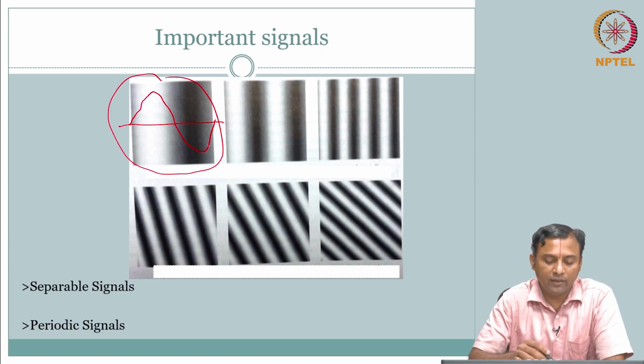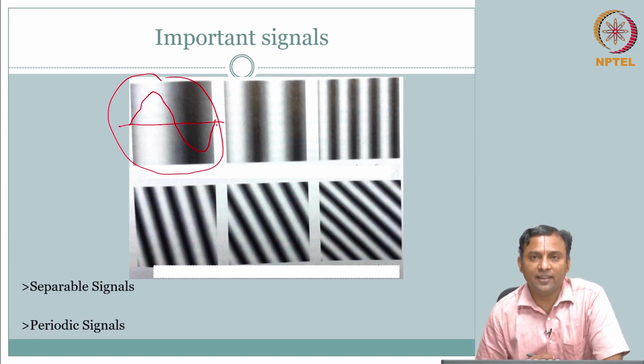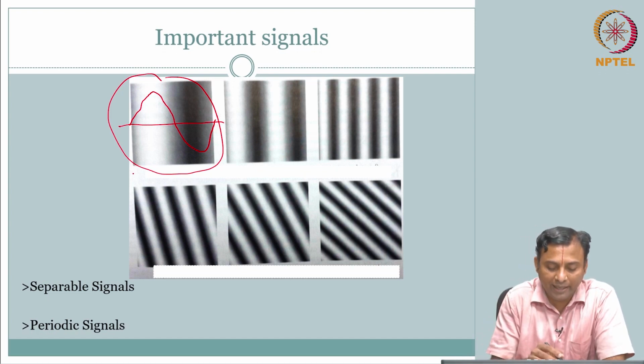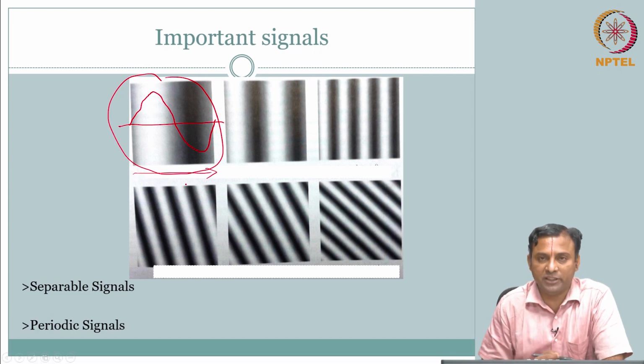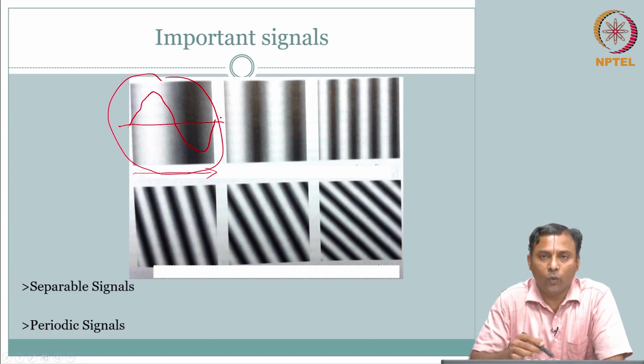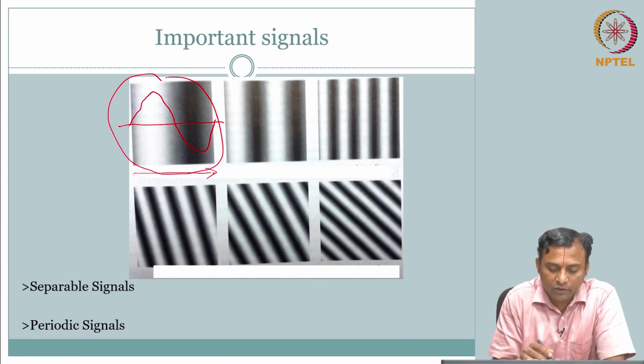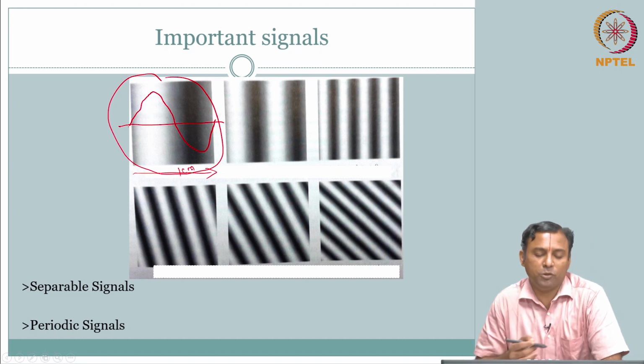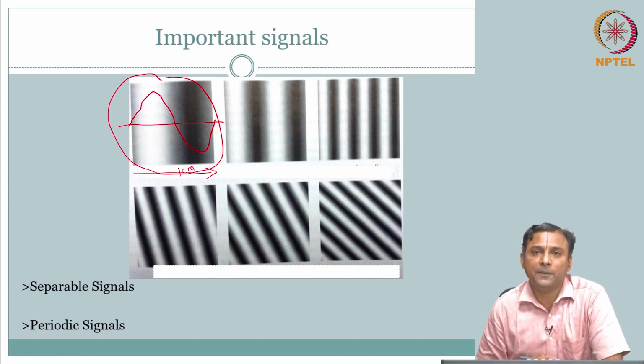This is one cycle, clear. So, that means if this direction is x direction spatially, that means there is an oscillation of one cycle in whatever units. Say, for example, let us take this as 1 centimeter. Just to be realistic, I am putting 1 centimeter.